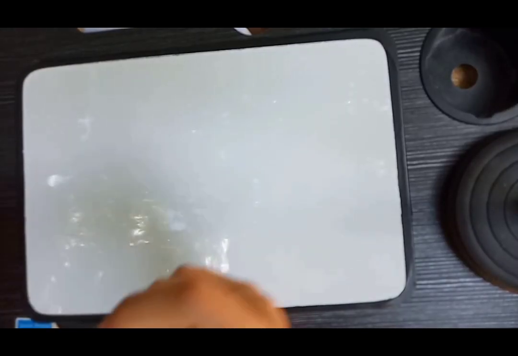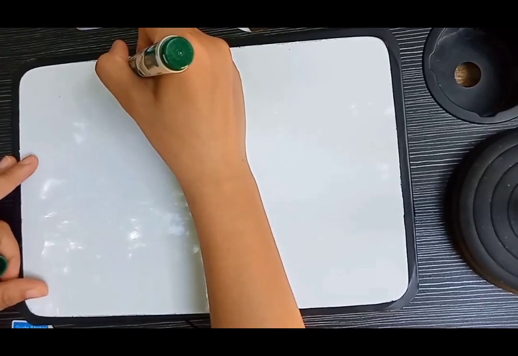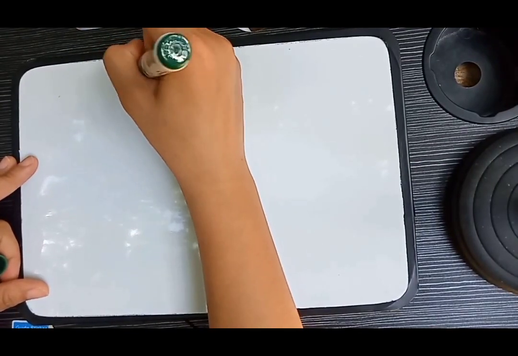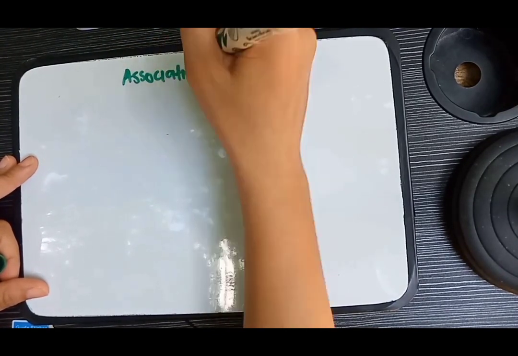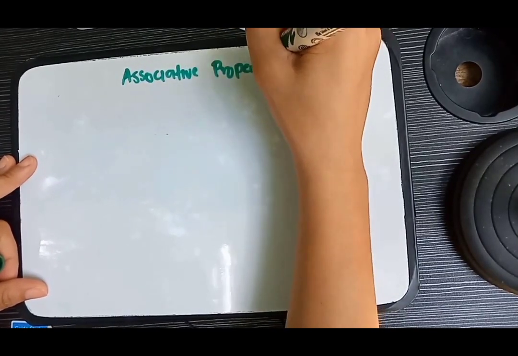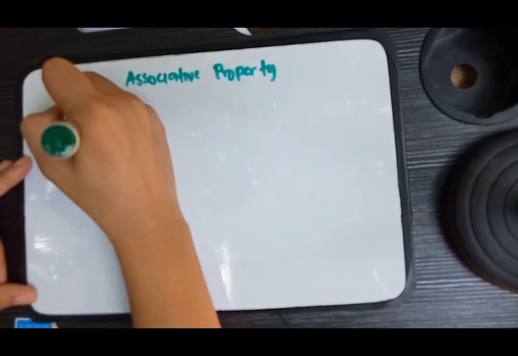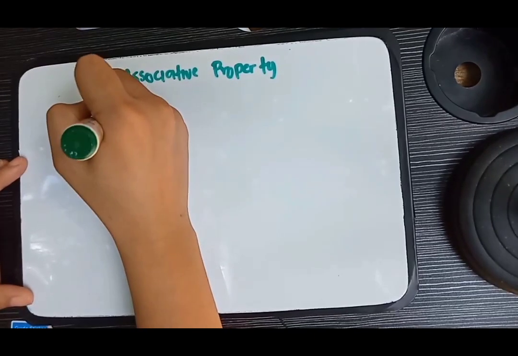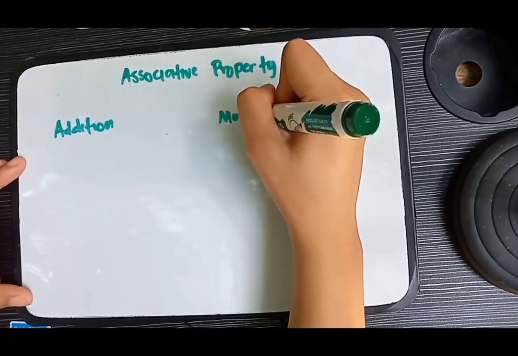The next property that I'm going to discuss is the associative property. In the associative property, we also have addition and multiplication.